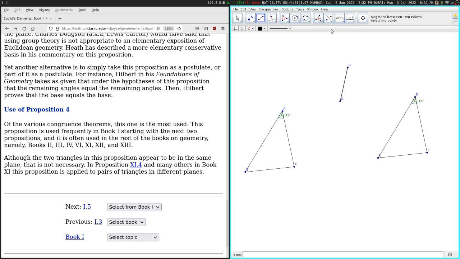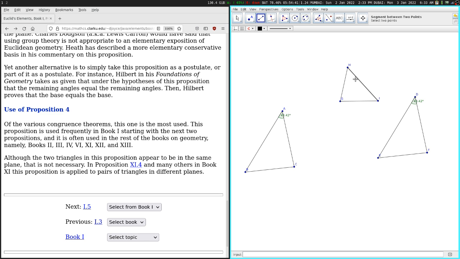You also have, let's say, angle, side, angle, which forces the point where the other two lines meet, and so that is sufficient for congruence.